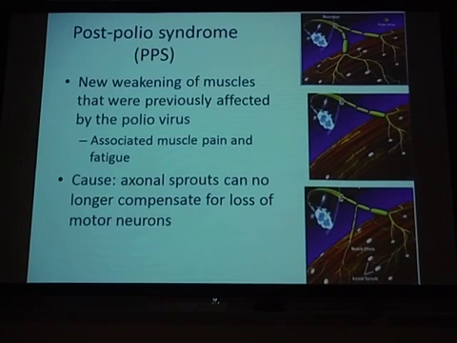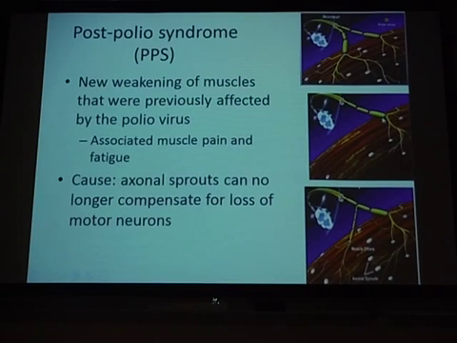And when that happens, picture for a second, if this is a normal alpha motor neuron coming to innervate extrafusal muscle, we've got two different motor units here. In polio, it attacks those cells in the ventral horn, causing some of those alpha motor neurons to die. So you have remaining alpha motor neurons. In this case, one of the two has died.